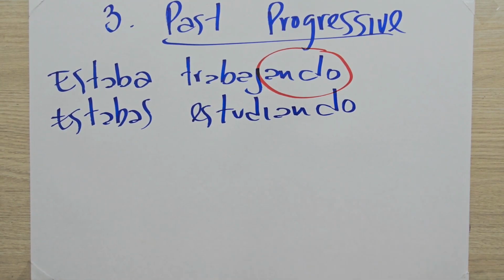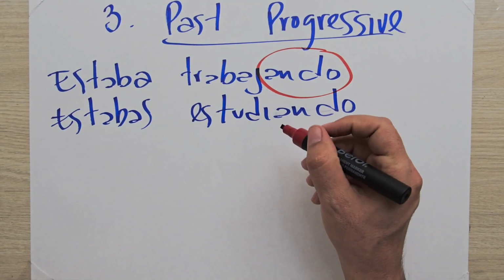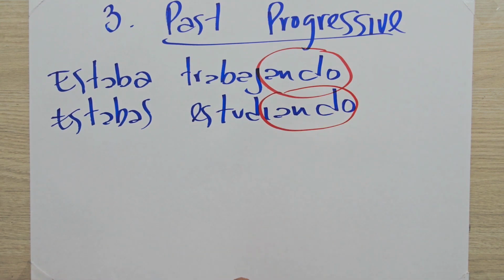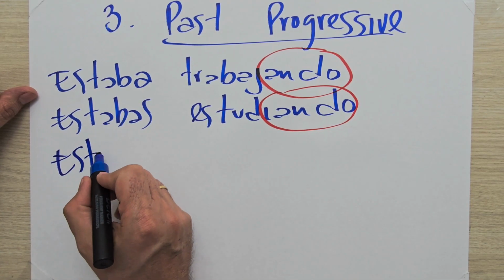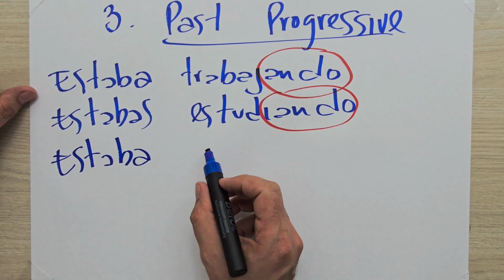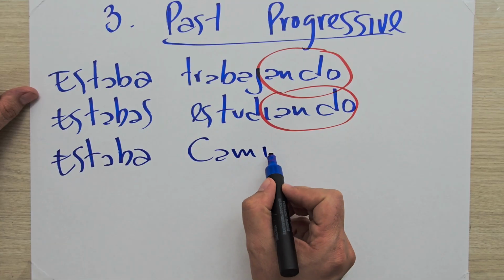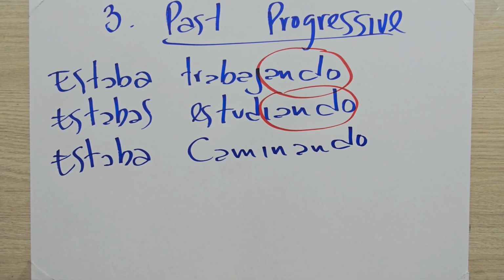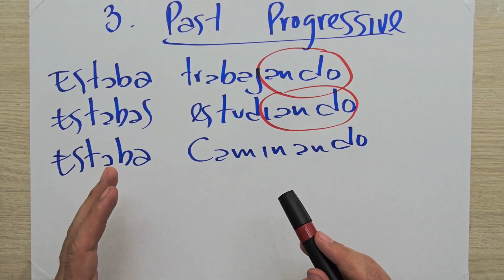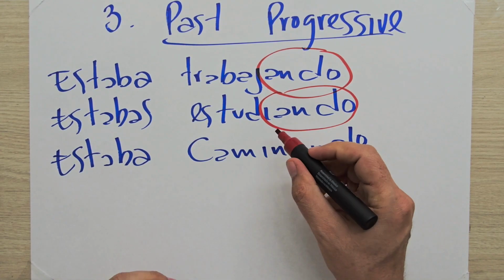Estudiar is an AR verb. That's why you say estudiando. You were studying. Estaba caminando. Caminar is to walk. Caminar is an AR verb. So you say caminando.